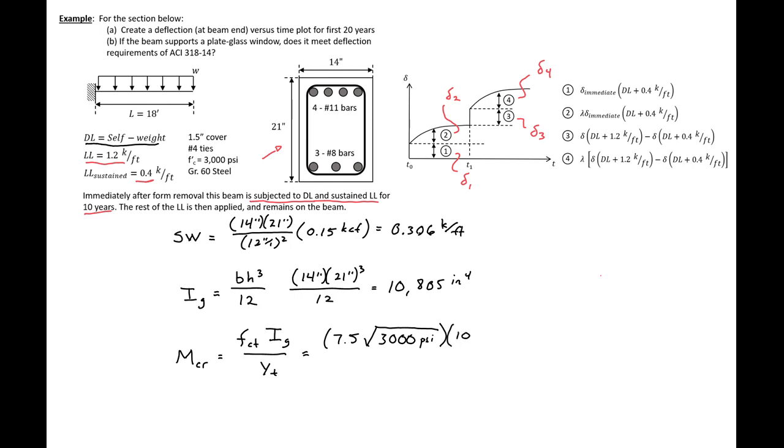Times 10,805 inches to the fourth, which we just found, divided by our y_t, or the distance from the centroid to our extreme tension fiber, so 21 inches divided by 2. And then I'm going to convert things into kips, so we're going to divide by 1,000 pounds per kip to give us an M cracking of 422.7 kip-inches.